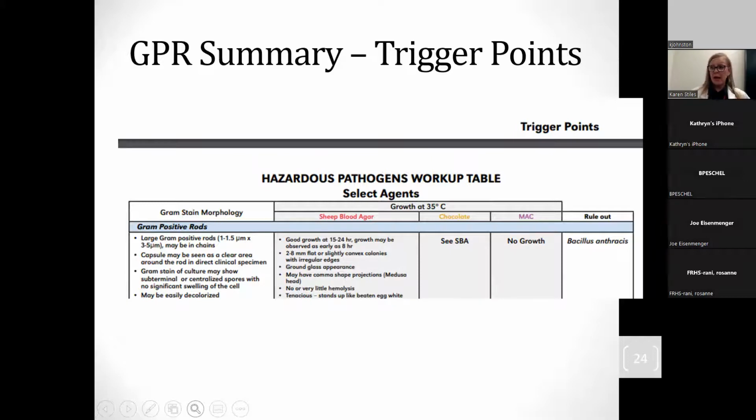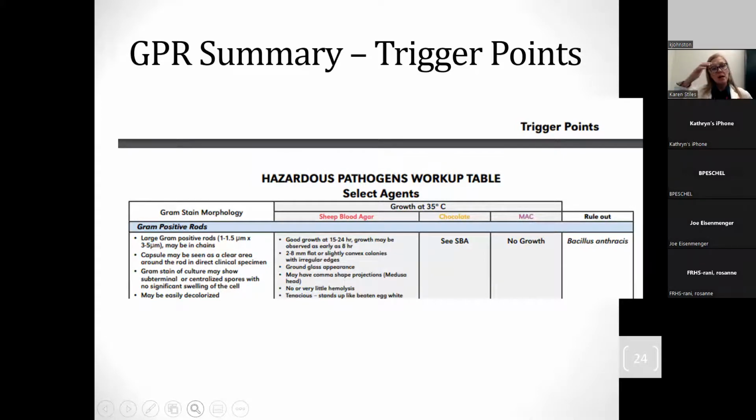So reviewing ours, you can see that for the large Gram-positive rods, the one organism that you need to be concerned about is Bacillus anthracis. So think about it, what was in the Gram stain? It was chaining, it was large, boxy, it showed spores. In fact, it describes here that the Gram stain from culture may show subterminal or central spores with no significant swelling of the cell.